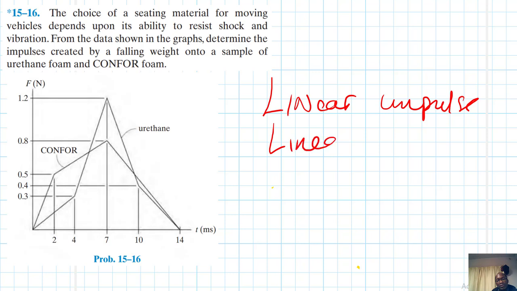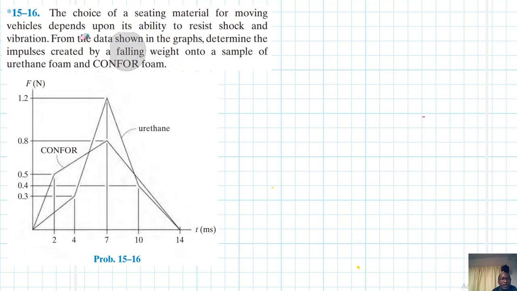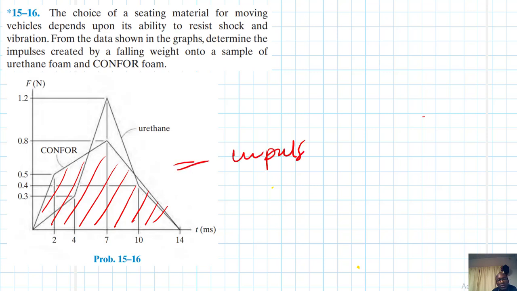and linear momentum. So we know that the area under each of these forms is equal to the impulse, right? And this impulse is just equal to the summation of the force times the time.